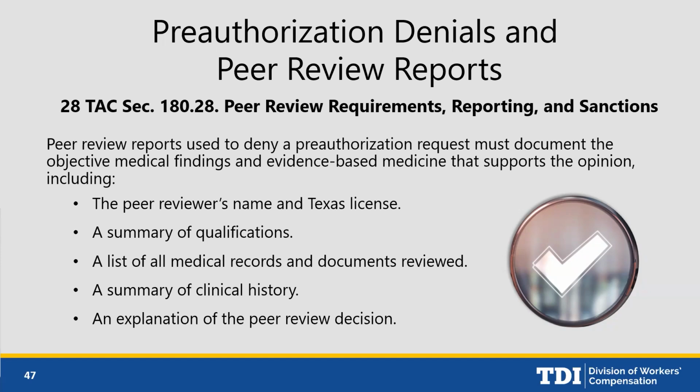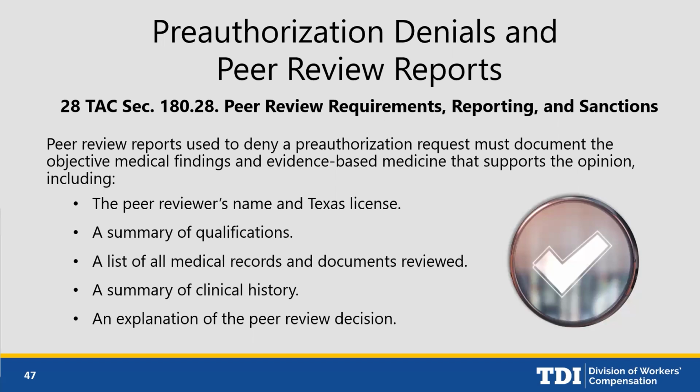So it says if a peer review report is used to deny, that peer review report has to document the objective medical findings and the EBM, the evidence-based medicine that supports their opinion. So it's got to have the peer reviewer's name and Texas license, their qualifications, and all the medical records and documents they reviewed.